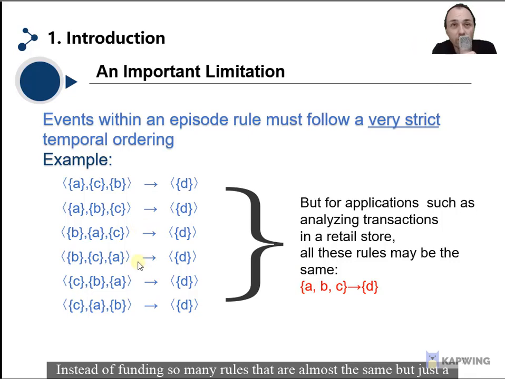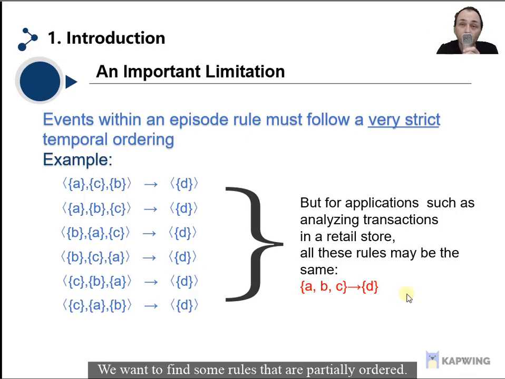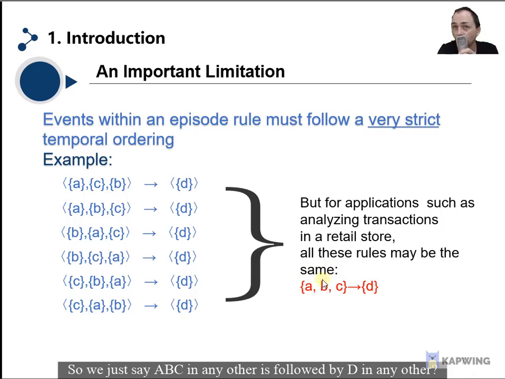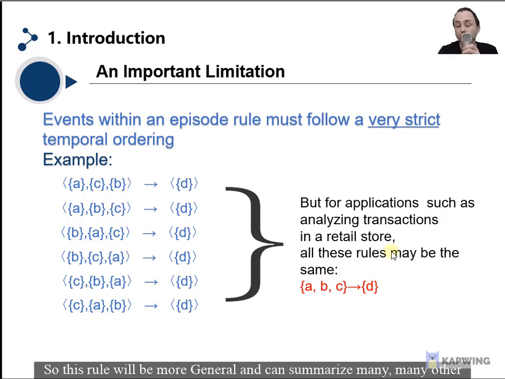Instead of finding so many rules that are almost the same but with a different ordering, we want to find rules that are partially ordered. We just say ABC in any order is followed by D in any order. This rule is more general and can summarize many other rules.